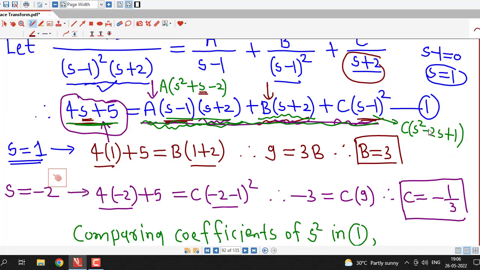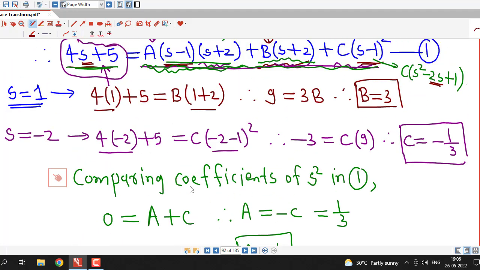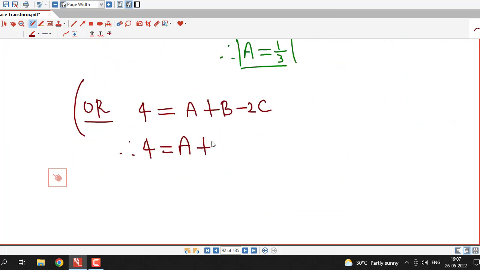And in the last term the coefficient of S is minus 2 into C, so here we write minus 2 into C. Therefore 4 equal to A, and we have the values of B and C. B is 3, C is minus 1 by 3, so I put B equal to 3, C equal to minus 1 by 3, and then I simplify: A plus 3 plus 2 by 3.